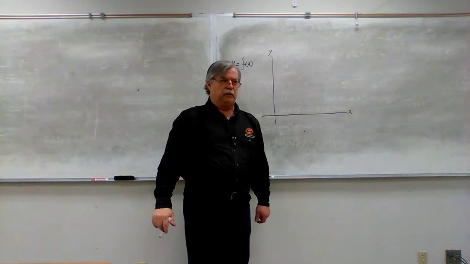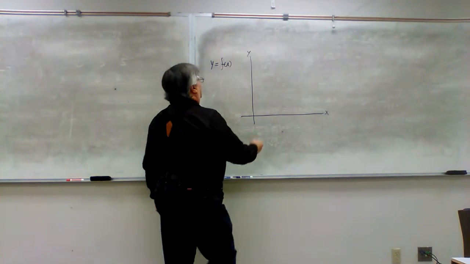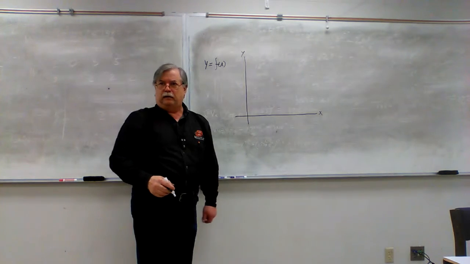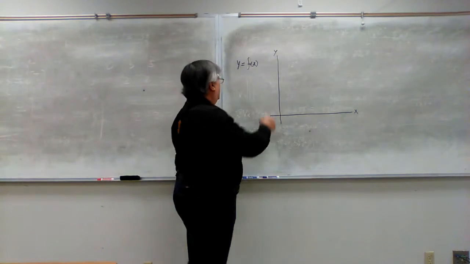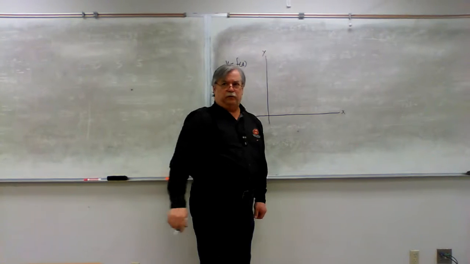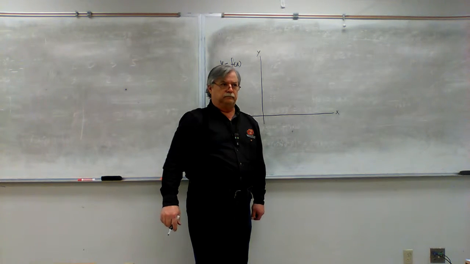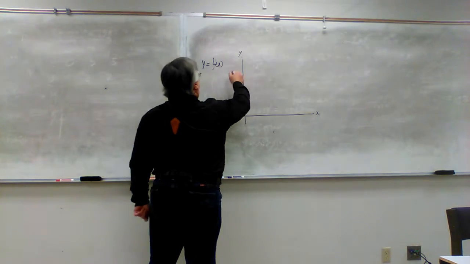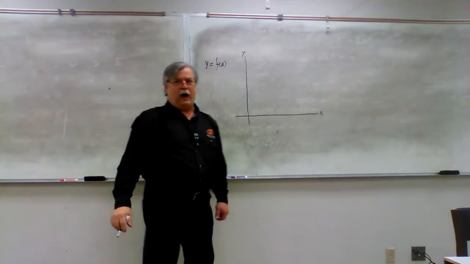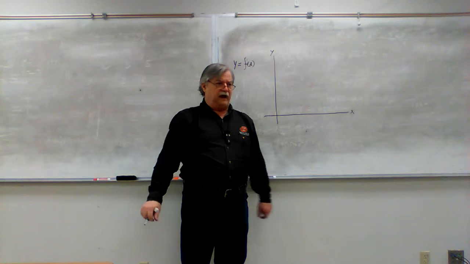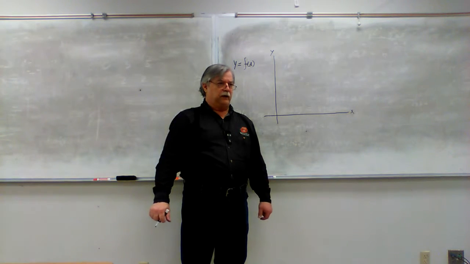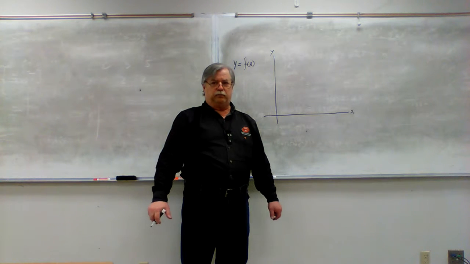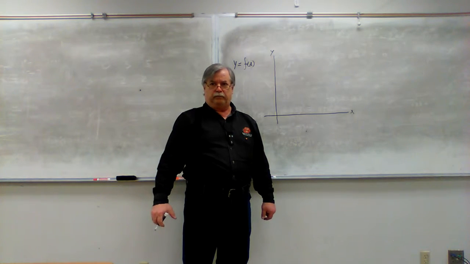Right? Well, that means that the value of y depends on the value of x that you plug in. Okay? You can't necessarily pick any value of y and come up with an x that will give you that value.